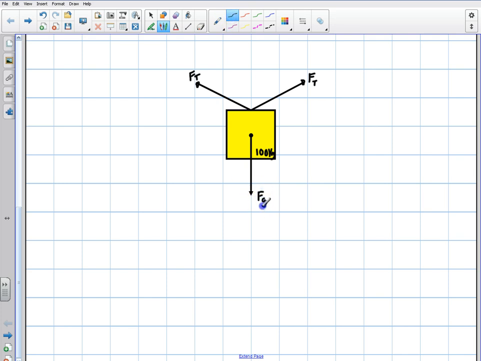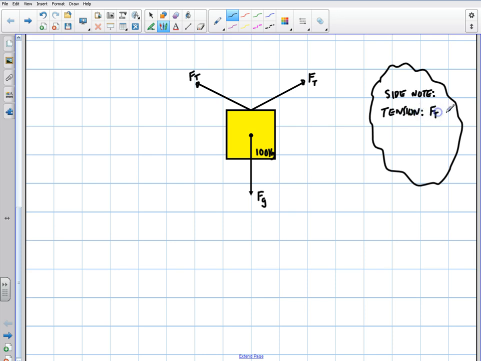Now, just a little side note. For tension, I always want you to use F sub T. Do not use the letter T, okay? Don't use T like this.